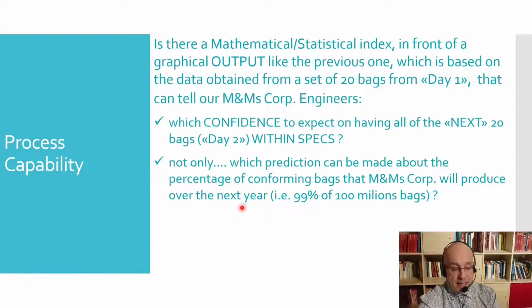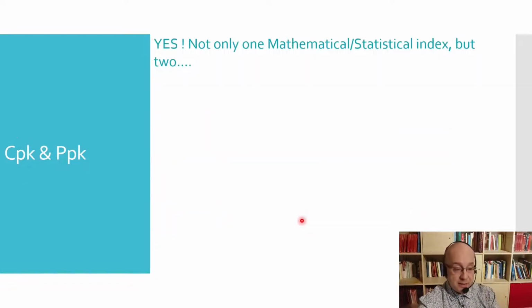So are we able, having in our hands a mathematical statistical index about the first 20 bags, to make a prediction like: 99% of 100 million bags that are the bags that will be produced over the next year will be within specs? Does this index exist? Yes, but not only there is one mathematical statistical index, but there are two. One is Cpk, and the other one is Ppk.